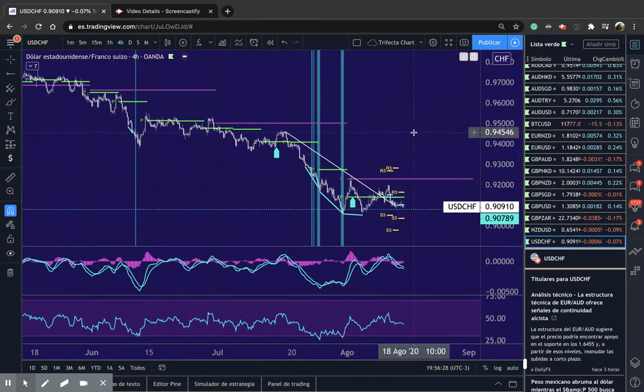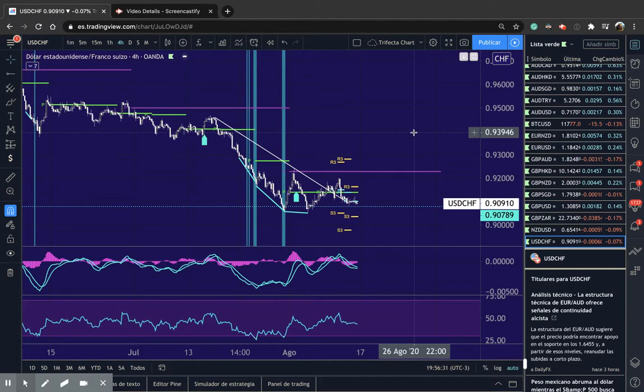Here we have the US dollar against the Swiss franc, and we were waiting for this as well. We are in the historical levels of support here, and we have also a double bottom and also a 1-2-3 kind of pattern and a break of trend line.